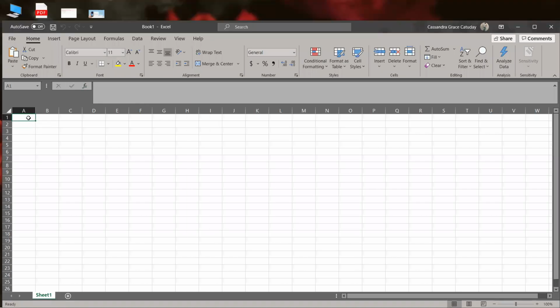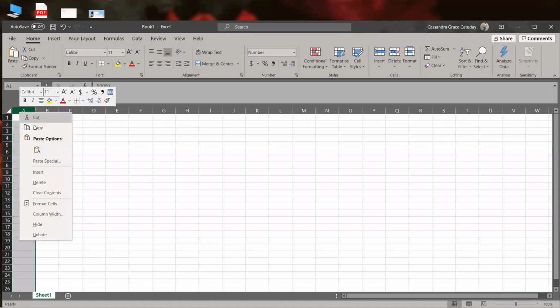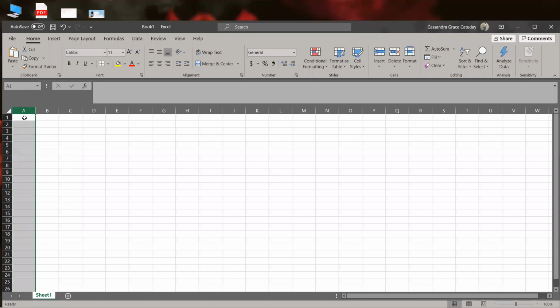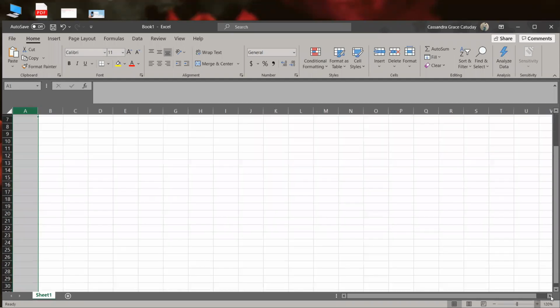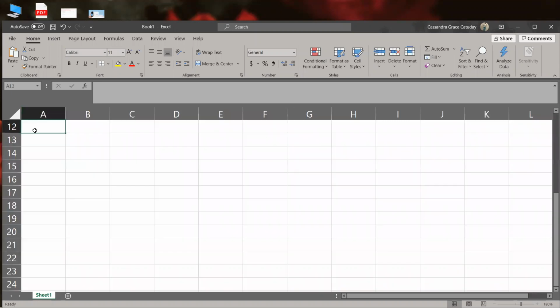Signo naton ang rent was 50,000. Zoom pala ha. Rent is signo na 50,000 per month.